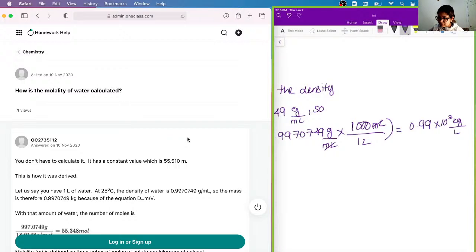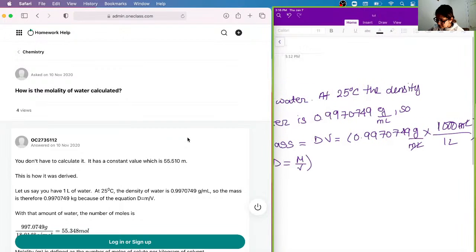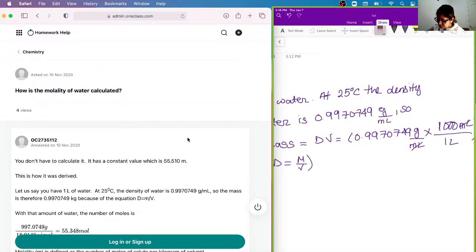Sorry, it's just 0.99 times 10 to the power of 3 kilograms per liter. This is our new density.